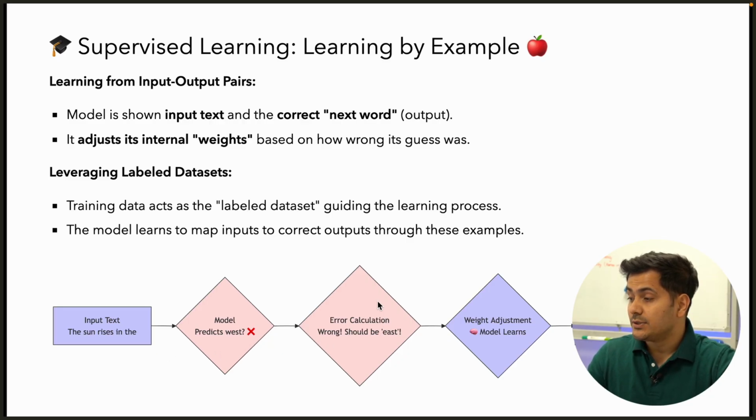What we do is we basically use supervised learning to teach the model that what it did was wrong, and we ask the model to adjust its weights, adjust its parameters. And that's how the model learns to reproduce the training data and understands the relationship between the data and the training data set.